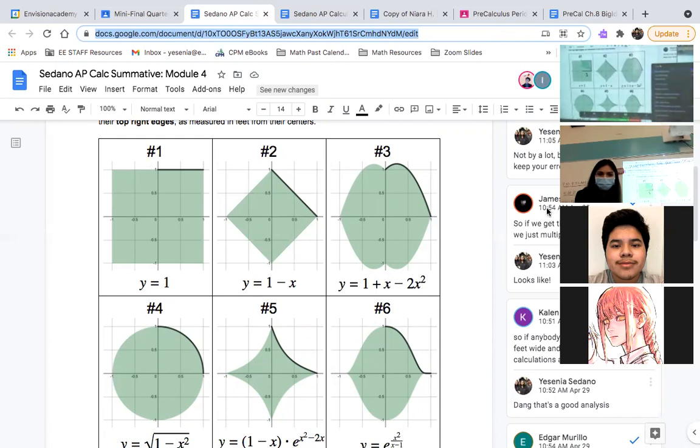Okay, so Juan put 1, Shannon put 1. Do you agree that it's 1? Yes, because it says y equals 1. Okay, cool. So the height of this is 1.